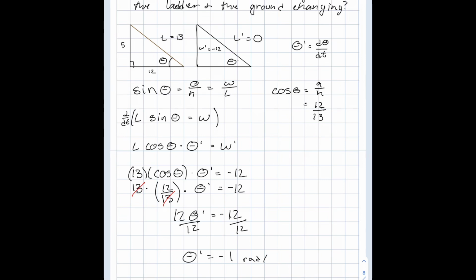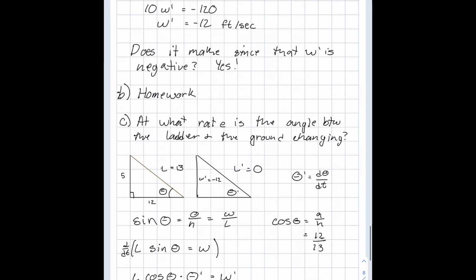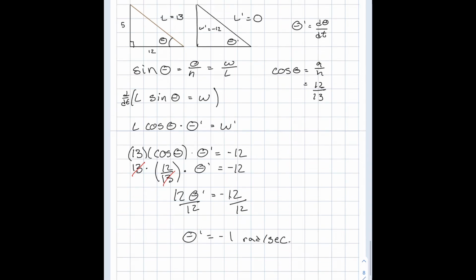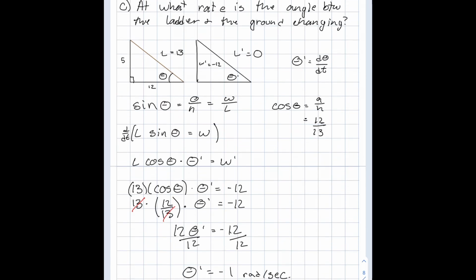And we're going to make that radians per second. Yeah, because our time is counted in seconds, not minutes. Alrighty. So that's how we could easily have a whole different type of problem with the same maneuver just by asking a different question. All right.